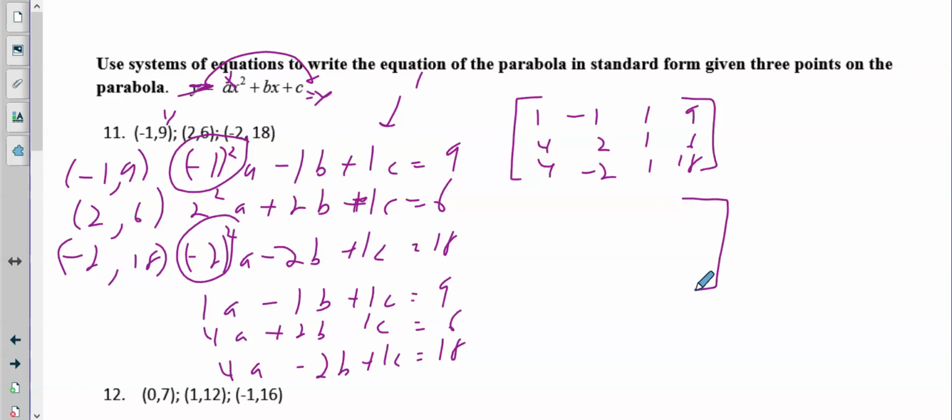Now when I do that, I'm going to end up with something that looks like this. 2, -3, 4. Now those are not my x, y, and z this time. Those are my a, b, and c. So 2x squared minus 3x plus 4 equals 0, or y.